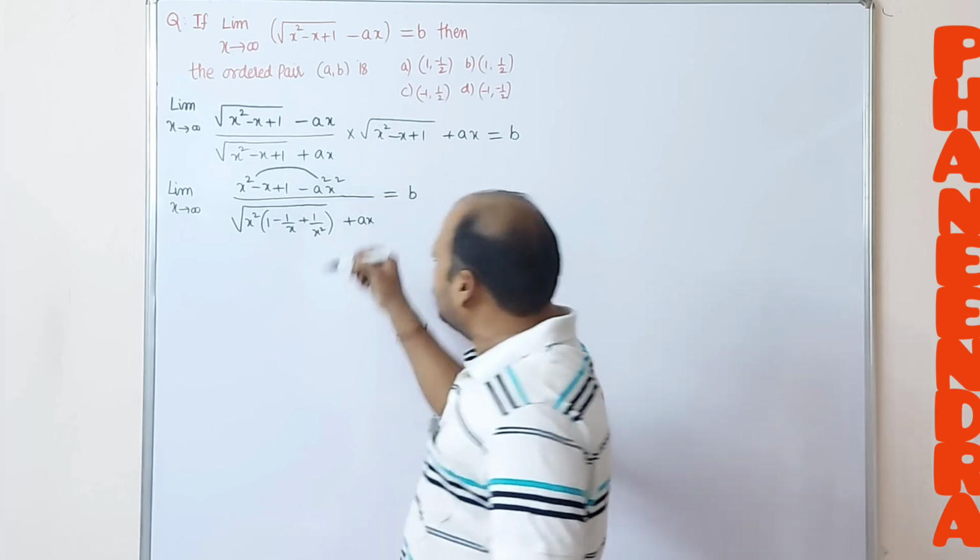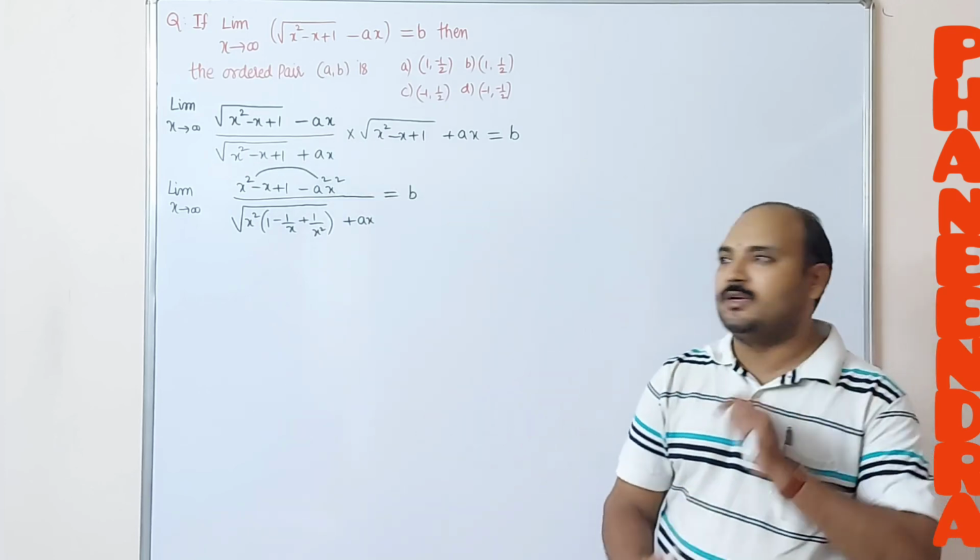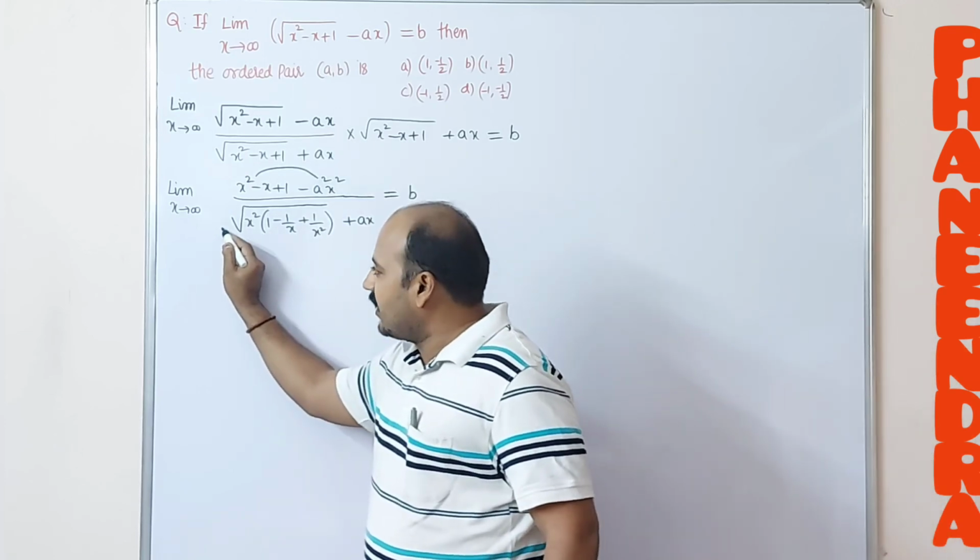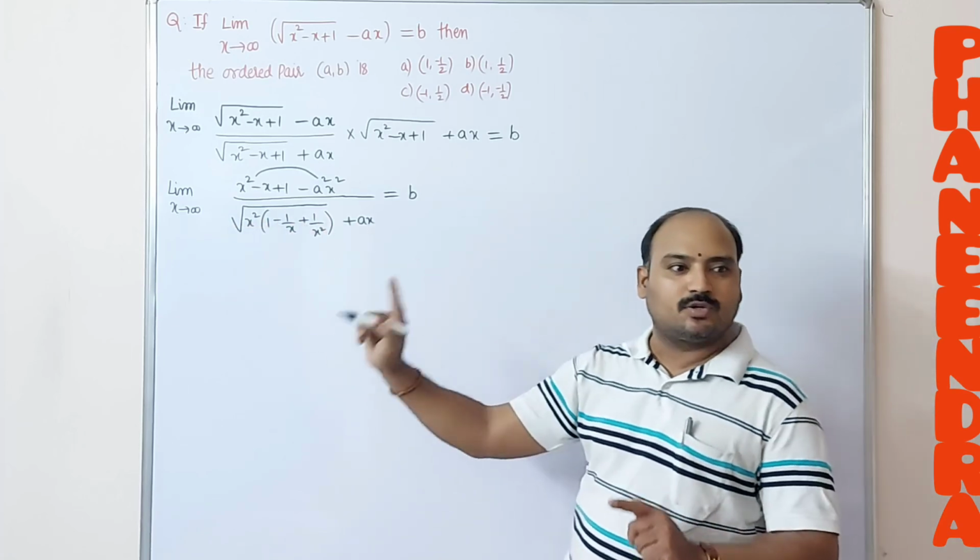From these two terms, x square take common and x square you can take outside, and here x take out common.